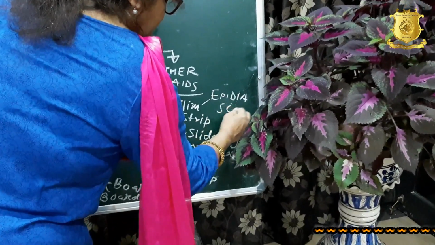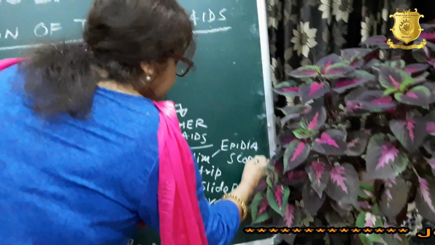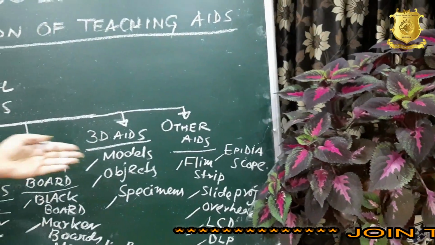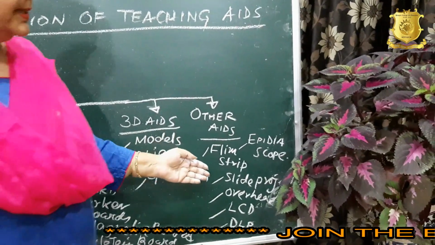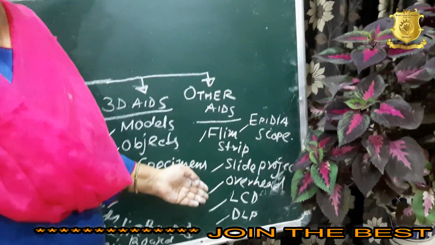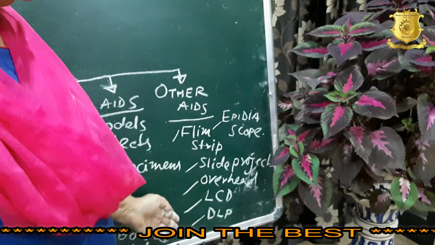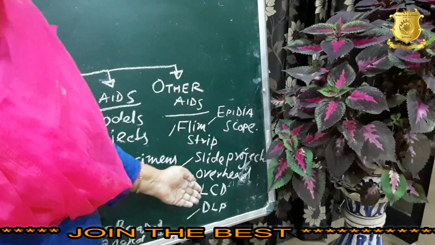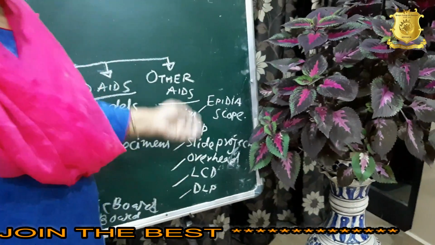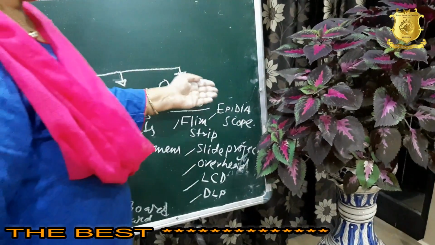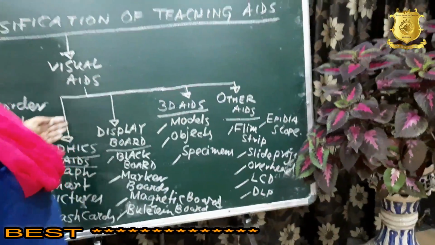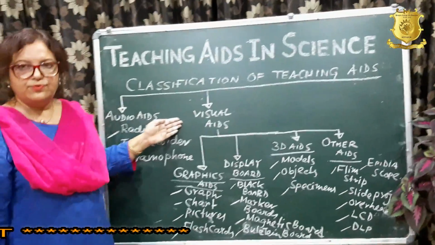So number one is film strip, number two is slide projector, number three is overhead projector, number four is LCD, number five is DLP, and number six is epidiascope. All these come under visual aids.